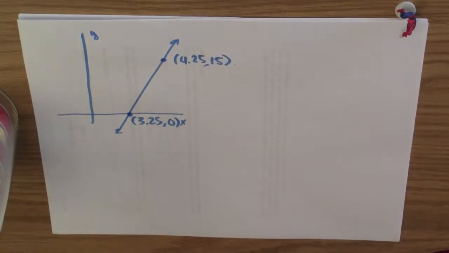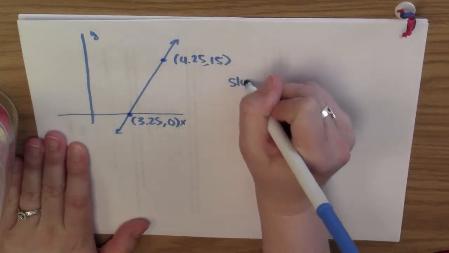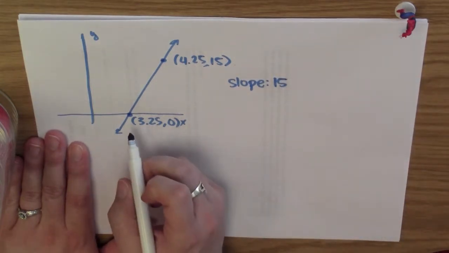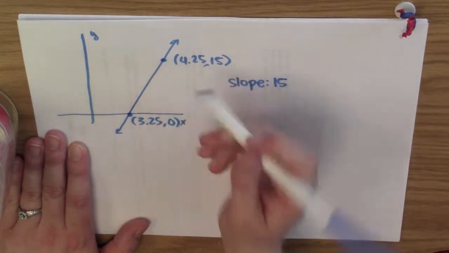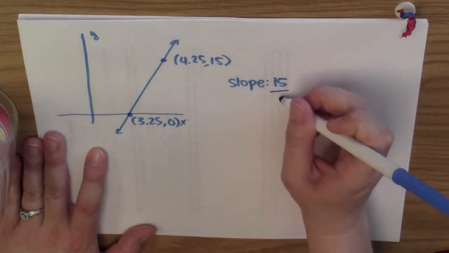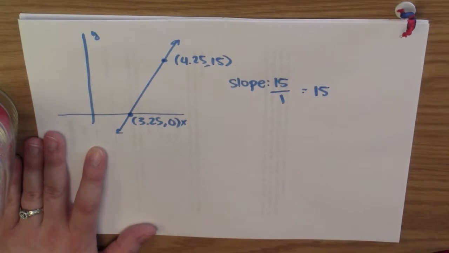Already I can tell that the slope is 15, because slope is rise over run, and I go up 15 and move over exactly 1 centimeter. So this is 15 over 1, or just 15.